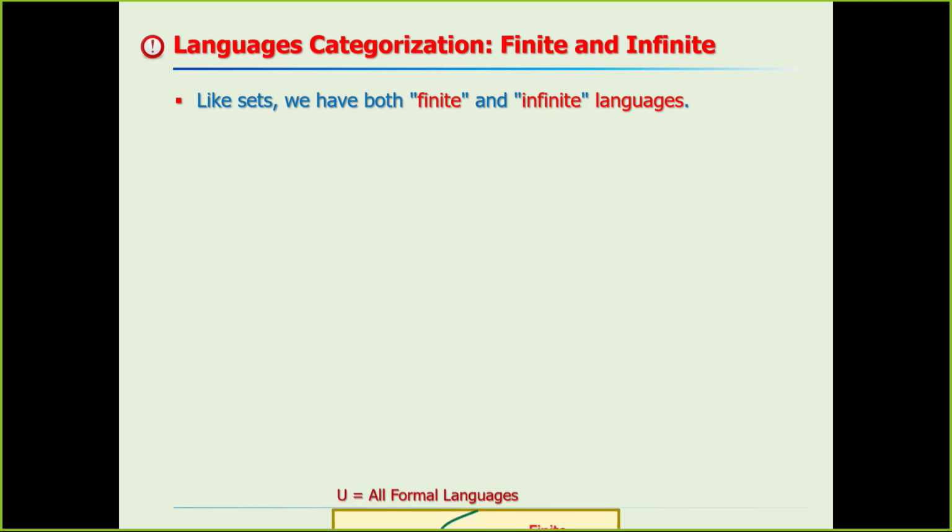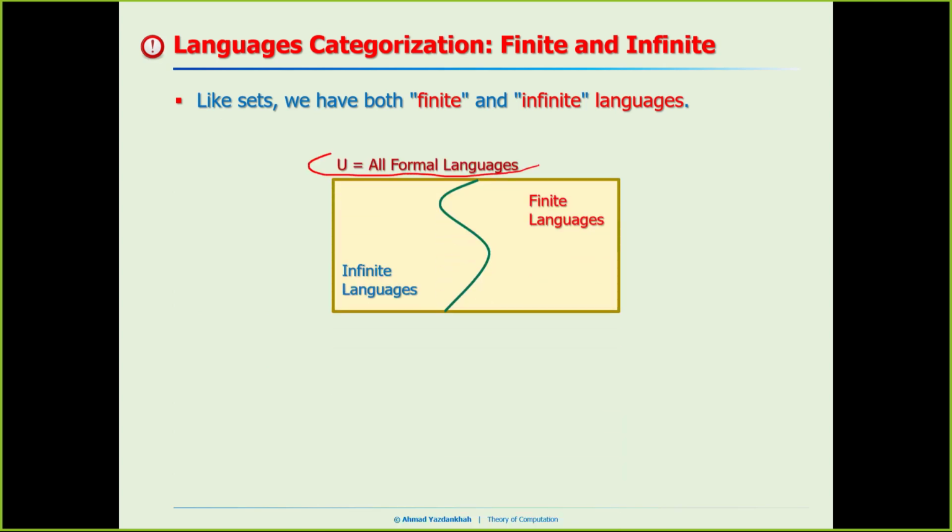Sets can be finite or infinite, and since formal languages are sets, they can be finite or infinite as well. So this is our first categorization of the languages. If this is all possible formal languages in the world, we can divide them between two: infinite formal languages and finite formal languages.